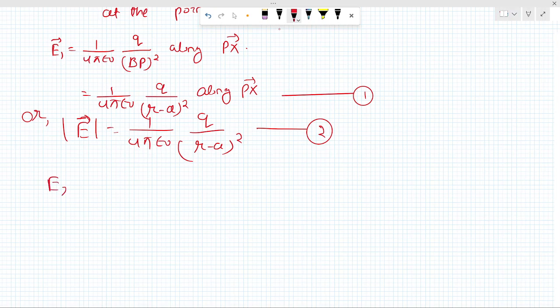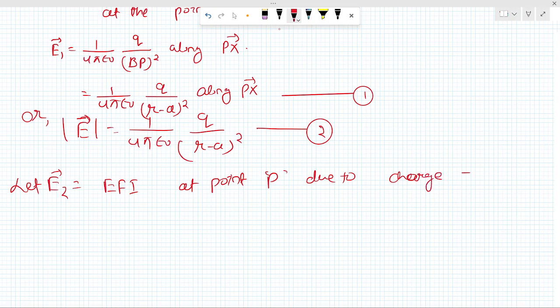Similarly, let E2 be the electric field intensity at point P due to charge minus q situated at the point, minus q is at which point? A, isn't it?